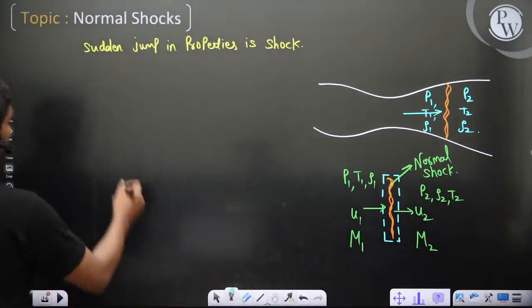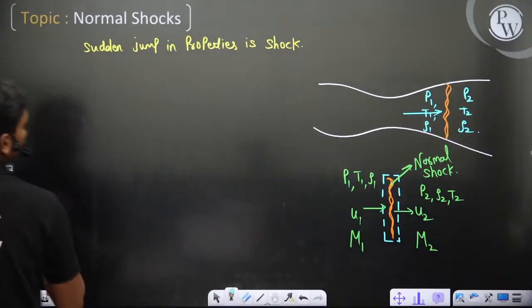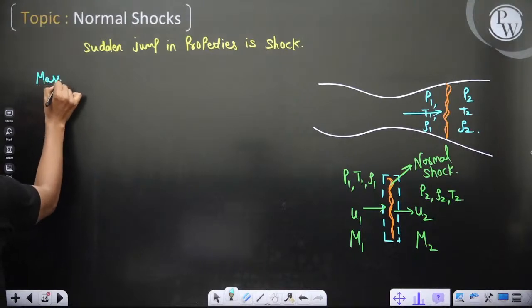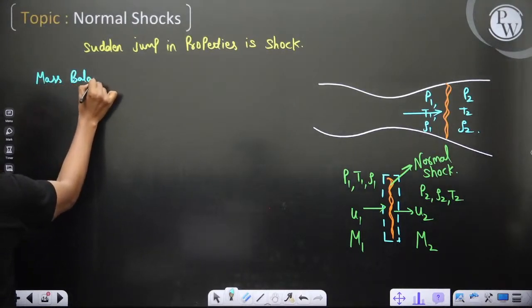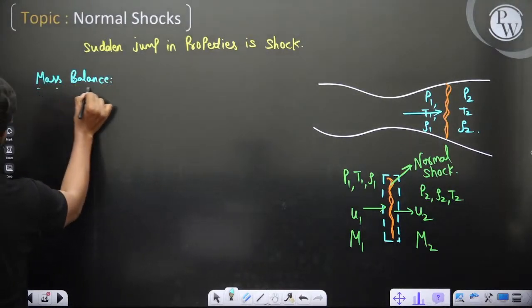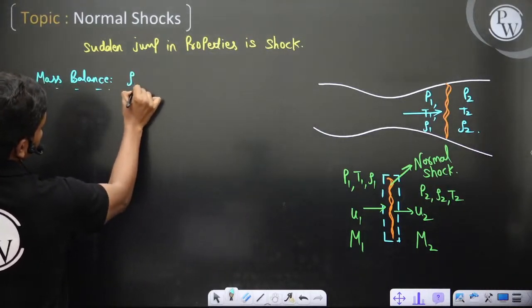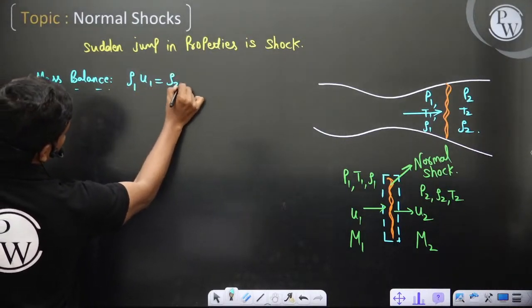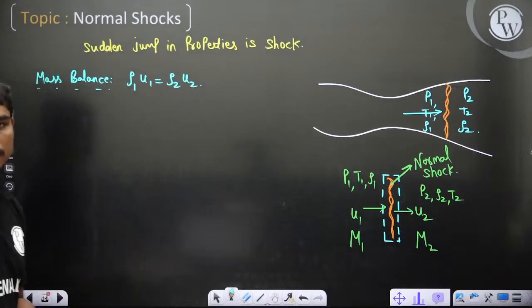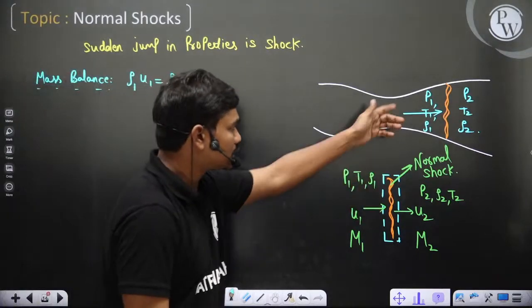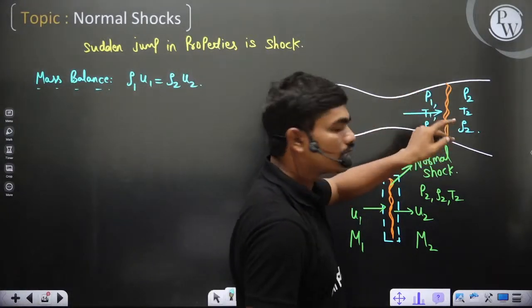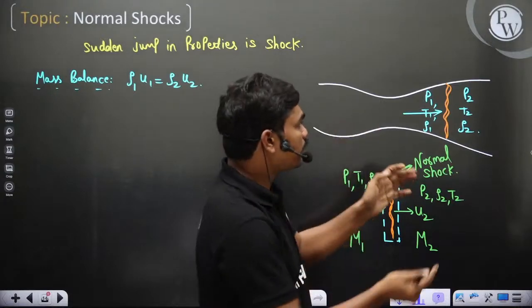Now let's see, in this case if you apply mass balance, then definitely you can understand rho1 u1 is equal to rho2 u2 at this point, correct? Because within this small regime the area of cross section will be very small, because normally it's a thin shock.